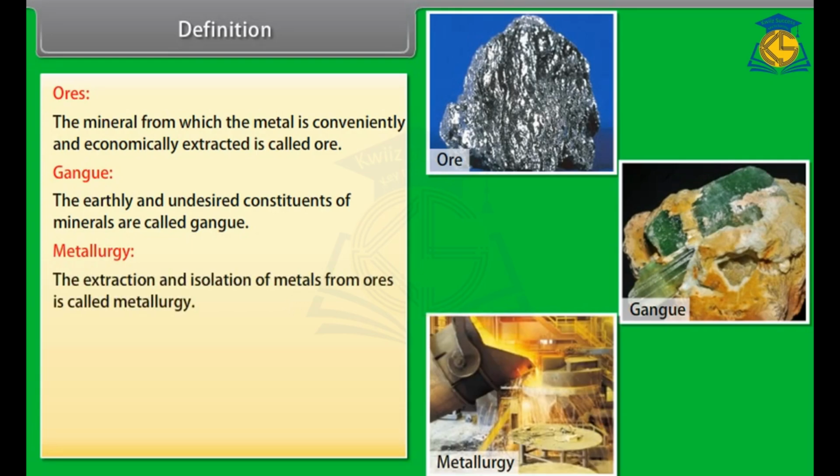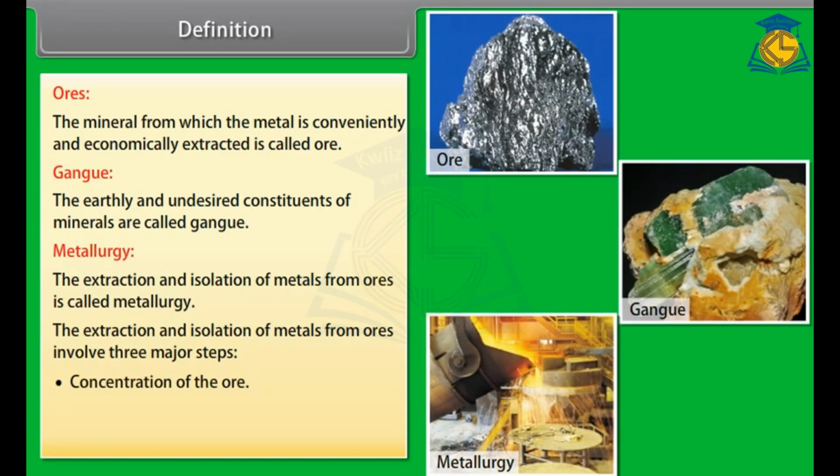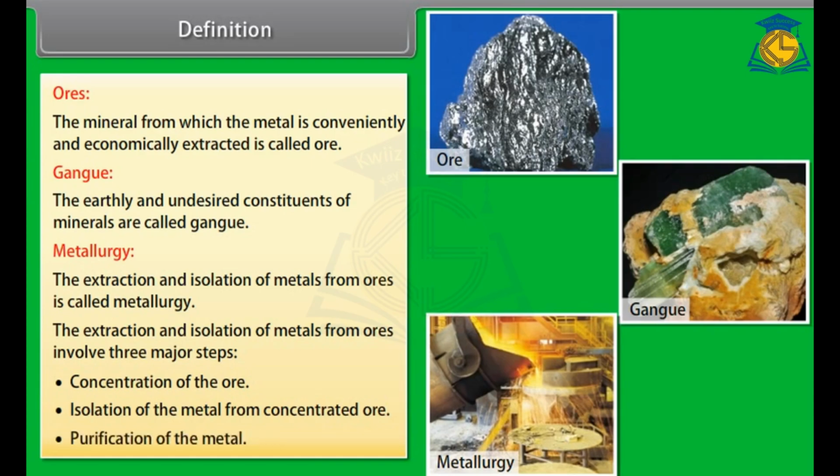The extraction and isolation of metals from ores is called metallurgy. The extraction and isolation of metals from ores involves three major steps: concentration of the ore, isolation of the metal from concentrated ore, and purification of the metal.